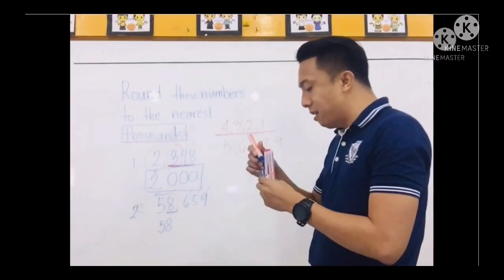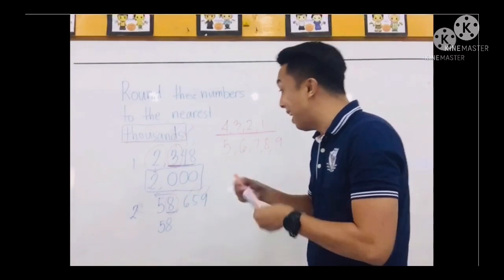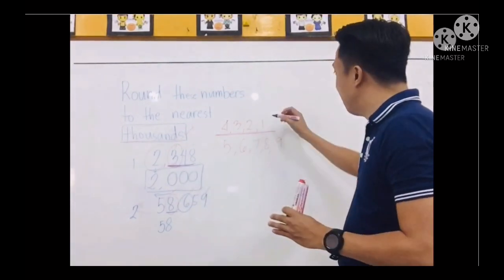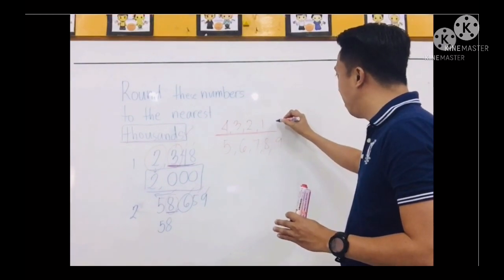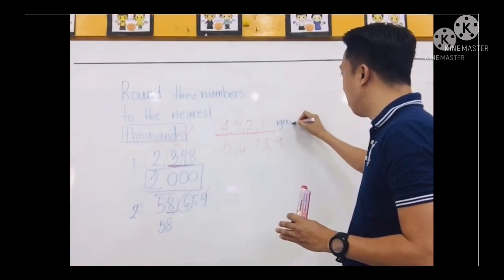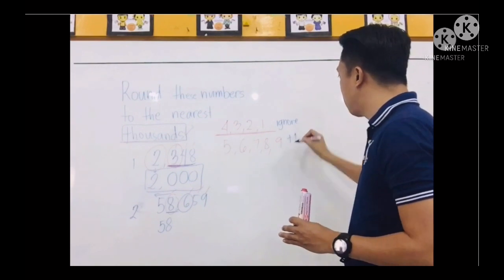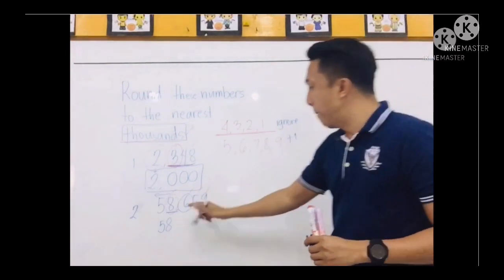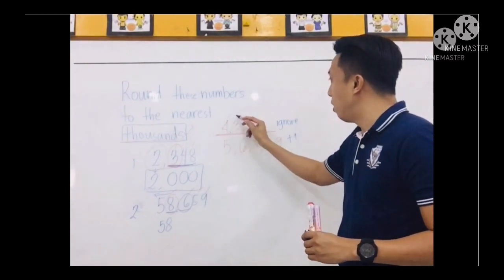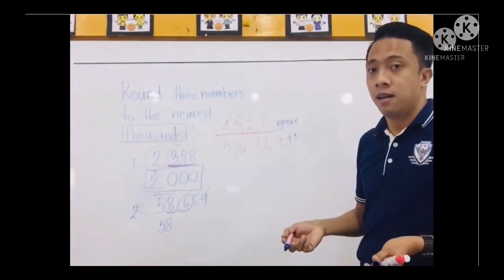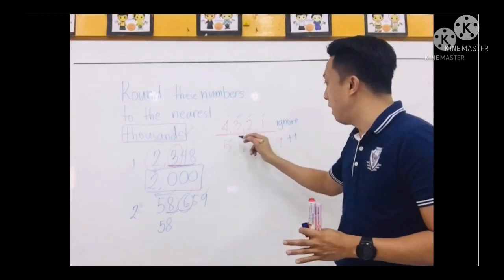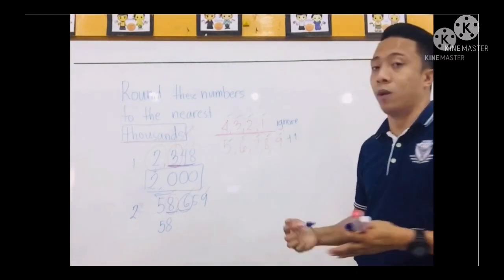Okay? And the number on its right side is 6. Where is 6? Is it in ignore or plus 1? When you say ignore, the number must be 4, 3, 2, or 1. In plus 1, the number must be 5, 6, 7, 8, or 9. So where is 6?